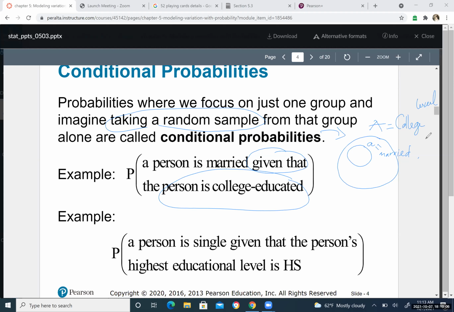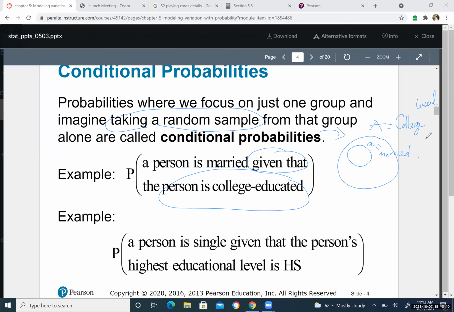So similarly with the second example, probability of a person is single, given that the person's highest education level is high school. Can you now tell me the big group in this case will be what? All people with high school education. Yes, that's right. So that's the big group that you want to focus on.